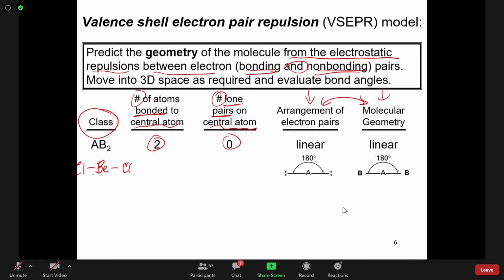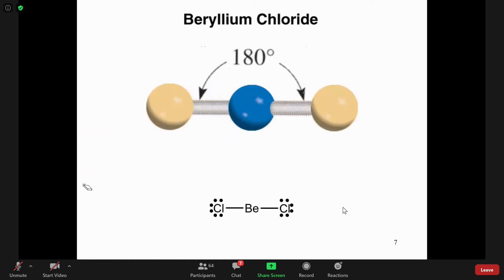These bonds can get as far apart from one another as possible by assuming a linear conformation. If it were to look like this, for example, that wouldn't make any sense, right? Because these 2 bonds would be much closer to each other. So this assumes a linear conformation, BeCl2. And there you have it in illustration form.